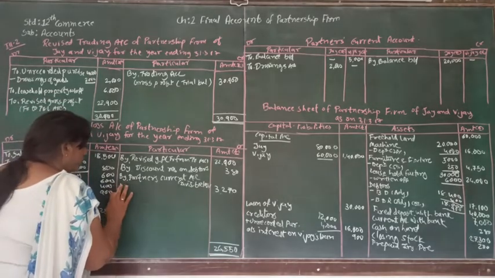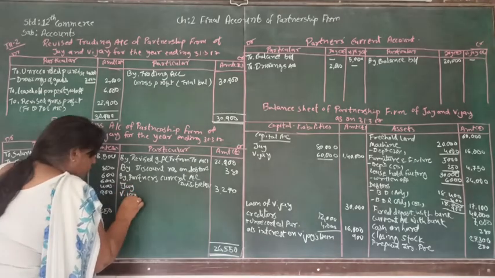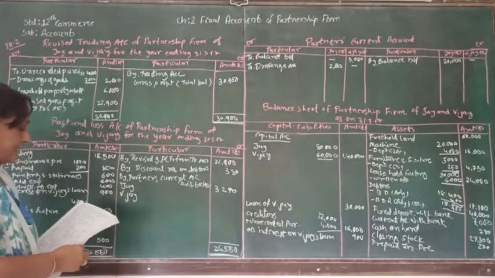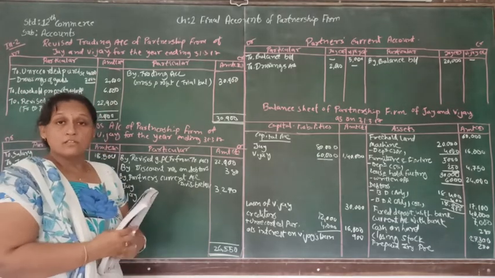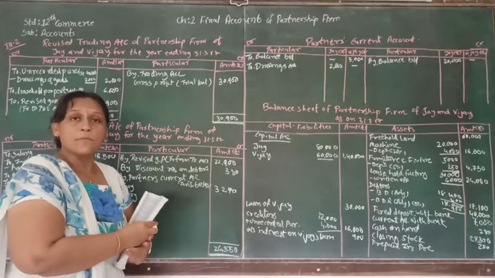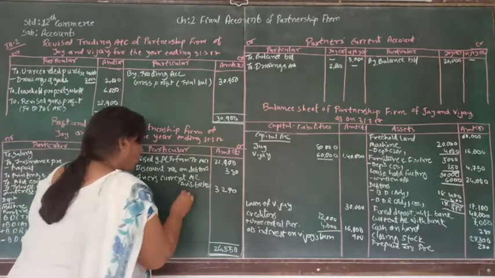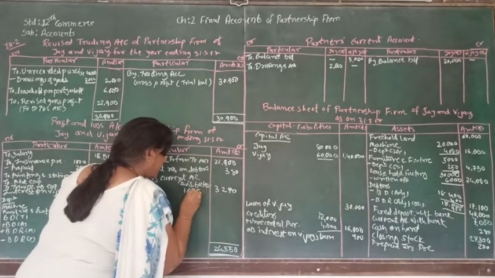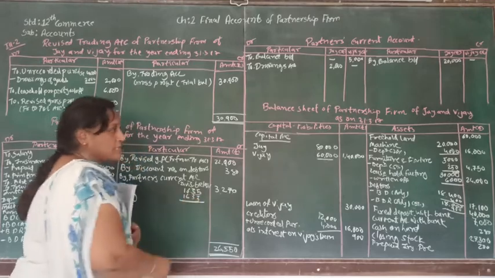The very first partner is Jai and the other partner is Vijay. We are going to distribute it among them. Here the ratio is not given, so we assume that we are distributing loss or profit in an equal ratio. So 3,270 equally is 1,635 each. So this is the divisible loss.